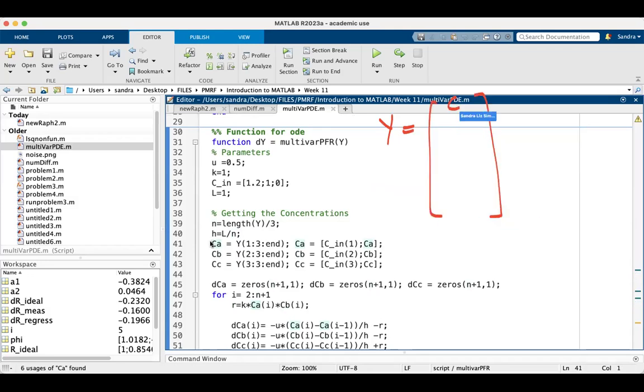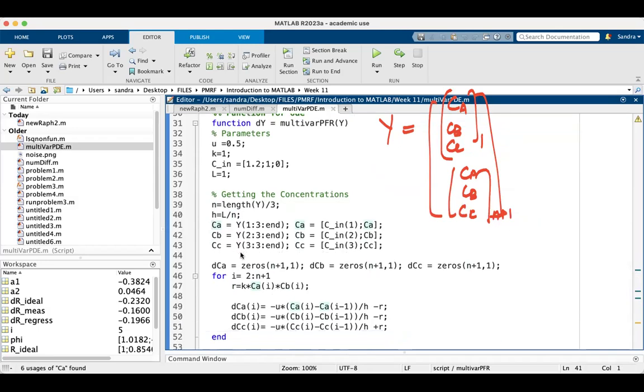It was mixed: CA, CB, CC of the first point, and the last one is CA, CB, CC of point n plus 1. So from that y you have to extract the CA part, the CB part, and the CC part. The y vector is jumbled because it is arranged with respect to the position grid points.